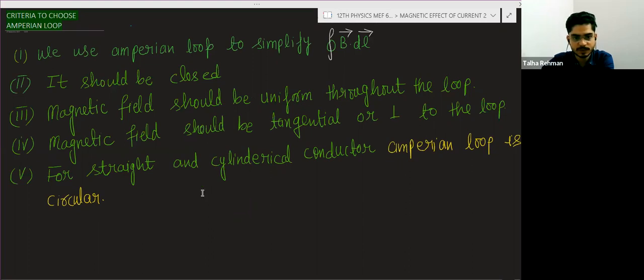Just write these points. dl is the small element of the loop.